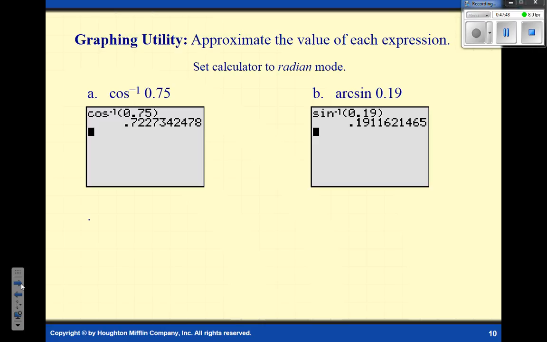So I go to my calculator, put it in radian mode. I want my answer in radian, so I do inverse sine 0.19, and you get this value. Now, that is the answer. Now, I want you to try it in degree mode so that you know what degree 0.19116 really is. It's about 10.9 degrees.